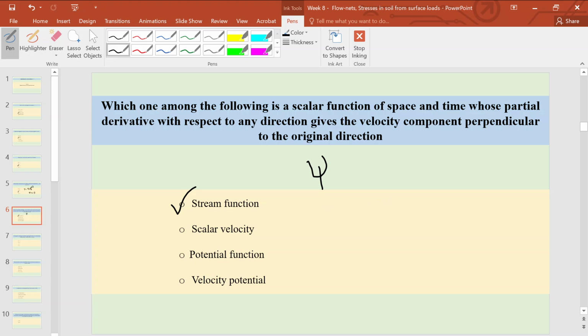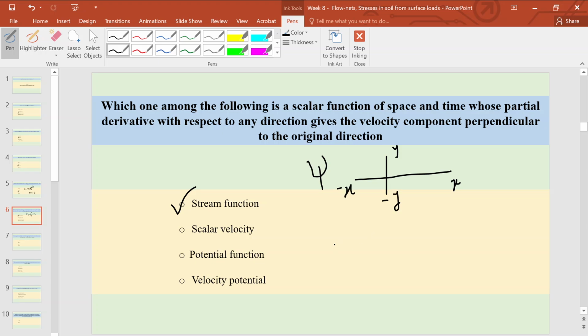So I have mentioned over here partial derivative with respect to any direction. Suppose this is the x direction, this is the y direction, this is the negative x direction, and this is the negative y direction.